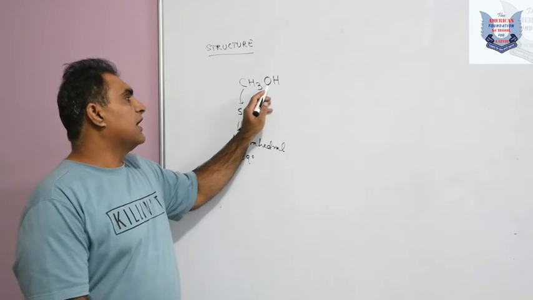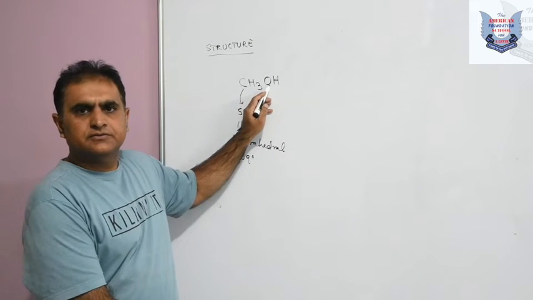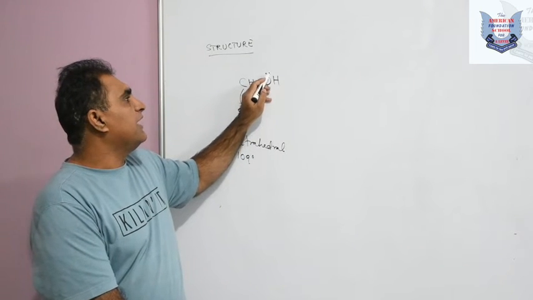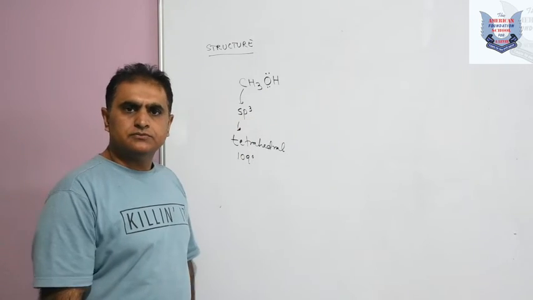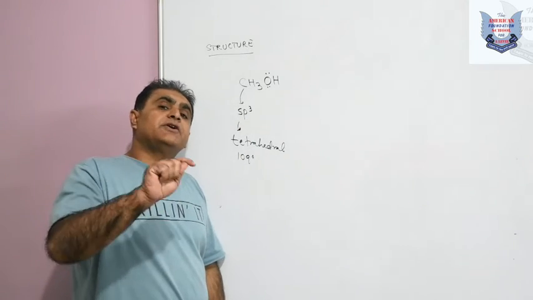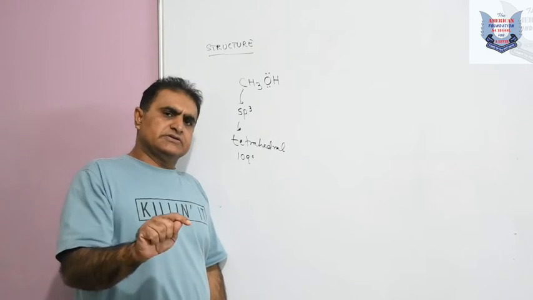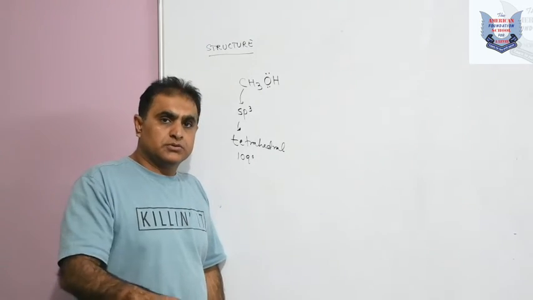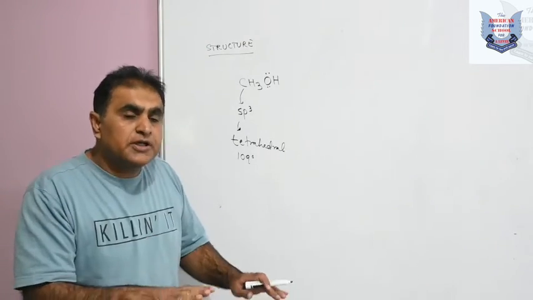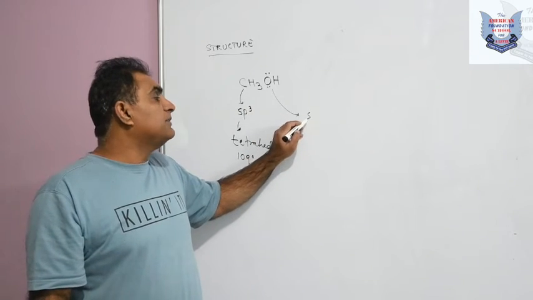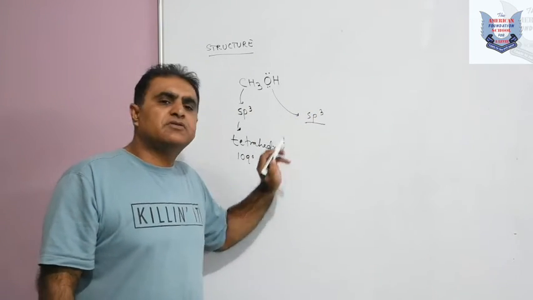Now this carbon is connected to oxygen and this oxygen has 2 lone pairs of electrons, and oxygen is surrounded by 2 atoms, one is carbon and the other is hydrogen. So the surrounding pairs in case of oxygen are 4. And if there are 4 surrounding pairs, then hybridization is again sp3.